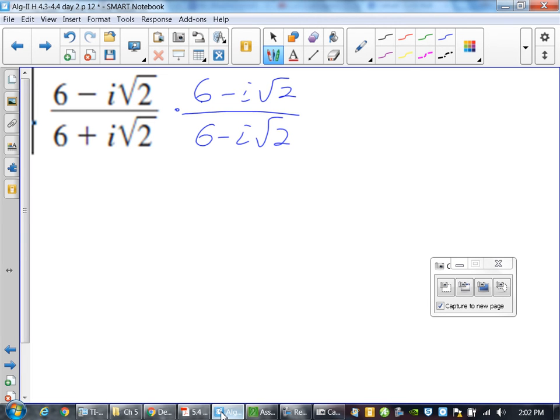If I FOIL out the bottom, everybody agrees that the middle terms go away, right? And then you're going to wind up with 36 minus i squared times root 2 squared. What's i squared? What's root 2 squared? So I wind up with 36 minus a negative 2, otherwise known as 38.